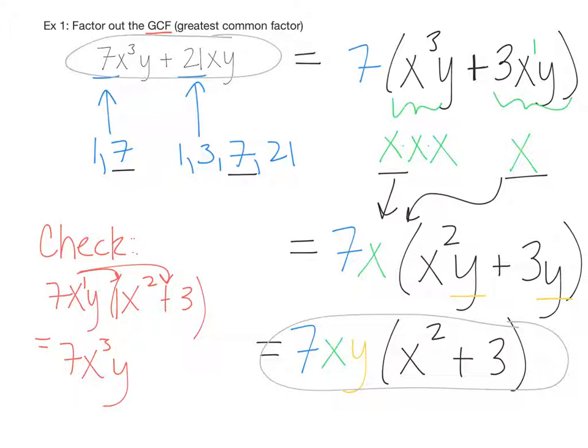When I go ahead and multiply 7xy times my value of 3, I end up getting plus 21xy. And we can see that this result does match our original problem. Therefore, we know our factored form is correctly factored with the GCF.